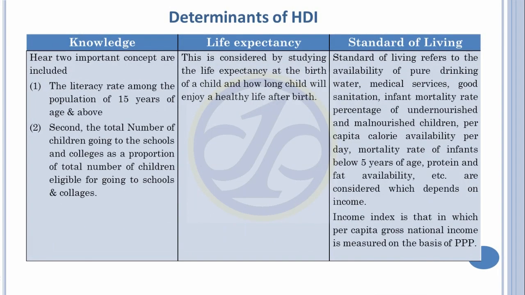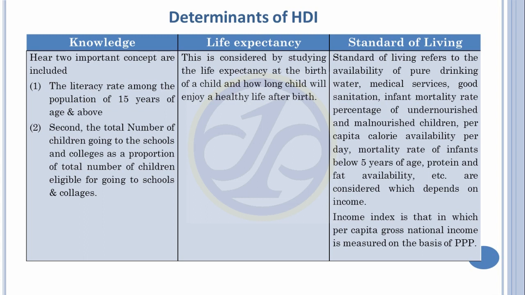HDI has three different dimensions: knowledge, life expectancy and standard of living. In knowledge, we consider first the literacy ratio of people above 15 years, and second, the children who are going to school and colleges.